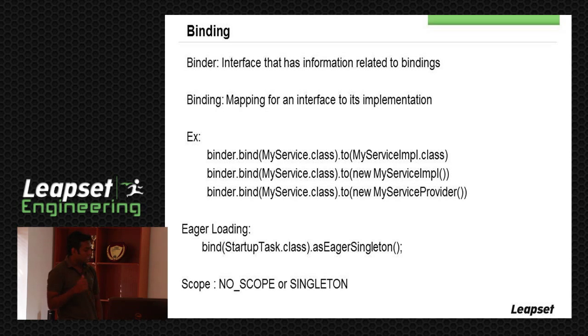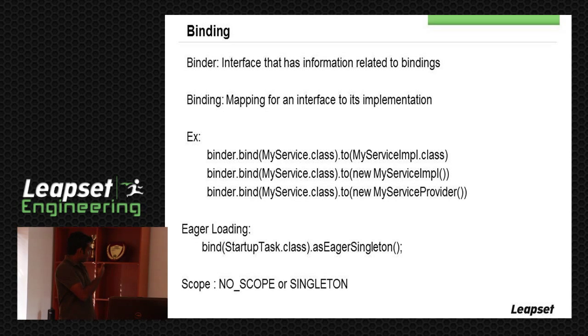And the default scope in Guice is new, it creates a new instance for each call. It's in contrast to the singleton idea behind Spring. So in Spring, the default will be singleton services, but in Guice, it creates each and every object for each request.